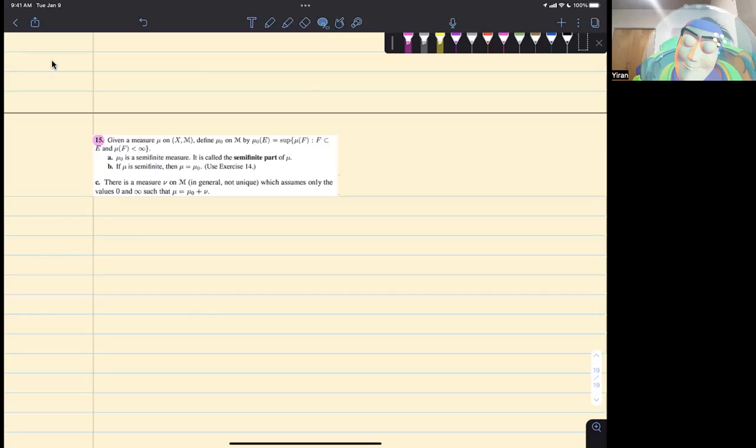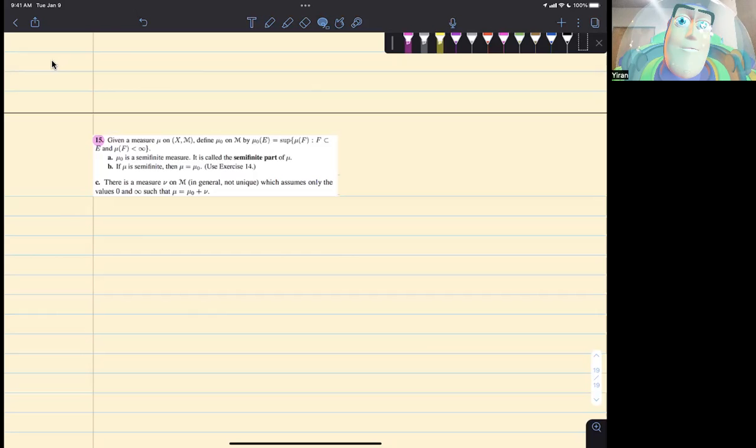So notice that the sum from j is equal to 0 to infinity of 1 over 2 to the power of j, by geometric series, is equal to 1 over 1 minus 1 over 2, which is equal to 2, if I remember correctly. Let me double check really quick.